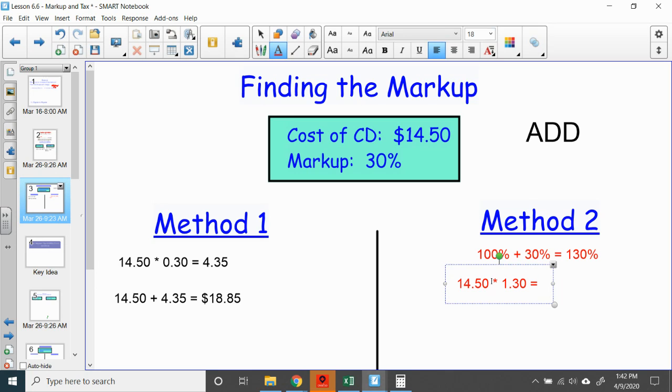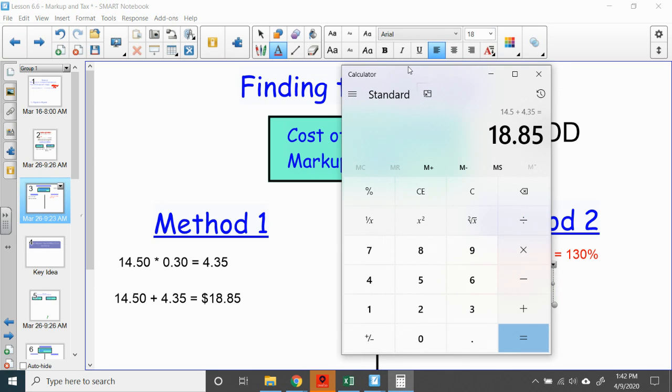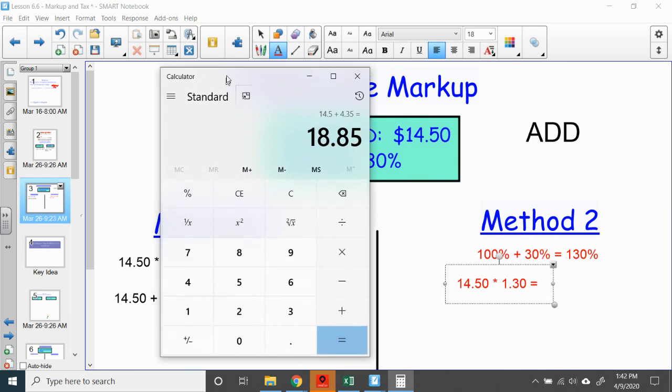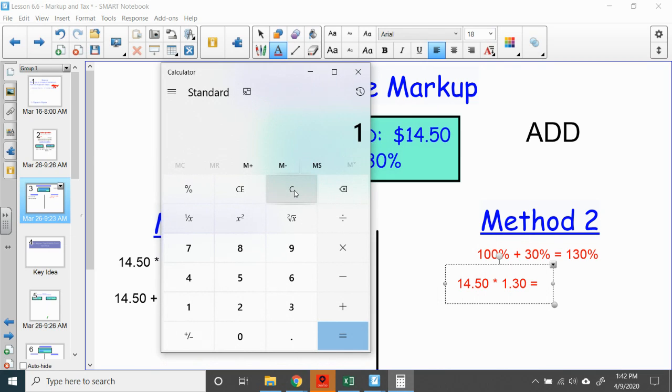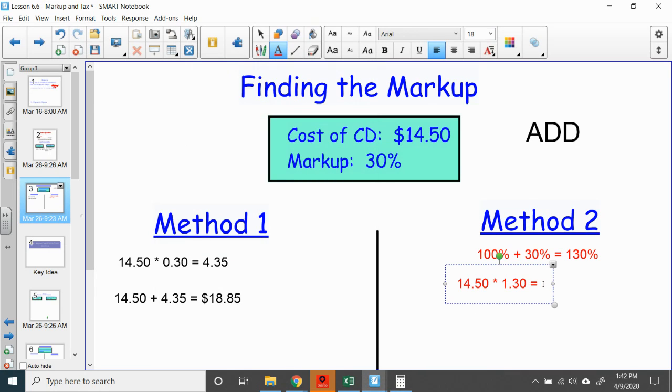So we're going to do this here on my calculator. 1450 times 1.30. Voila, you get the answer in one shot, $18.85.